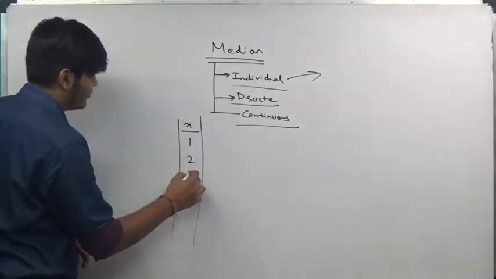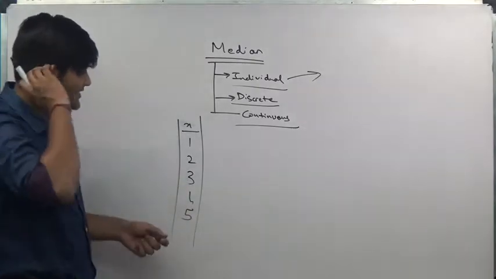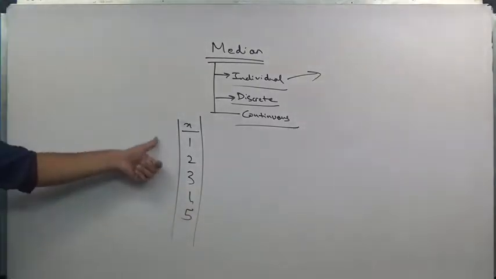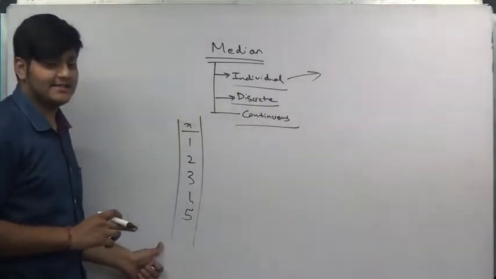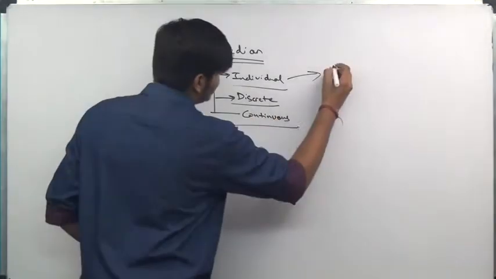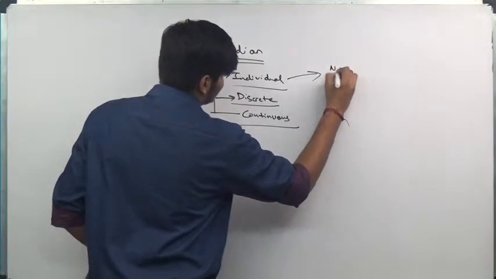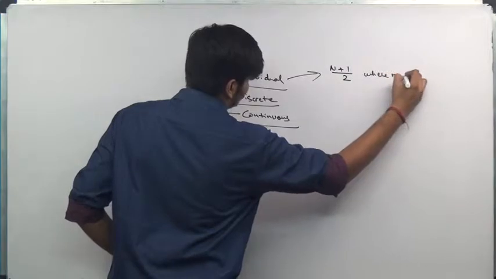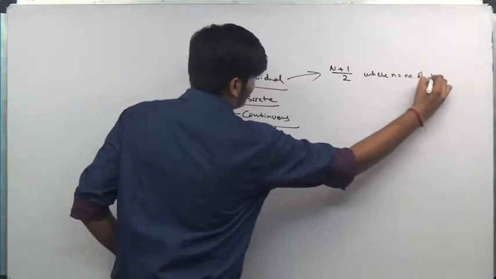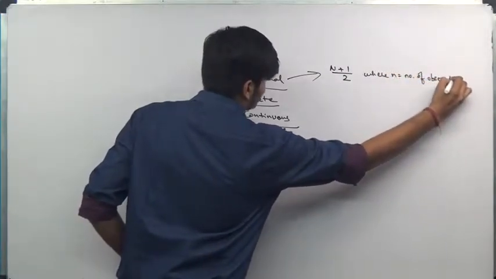For example, 1, 2, 3, 4, 5. Suppose this has been given as our set of observations. This is individual series. The formula for individual series will be (n plus 1) by 2, where n is equal to the number of observations.